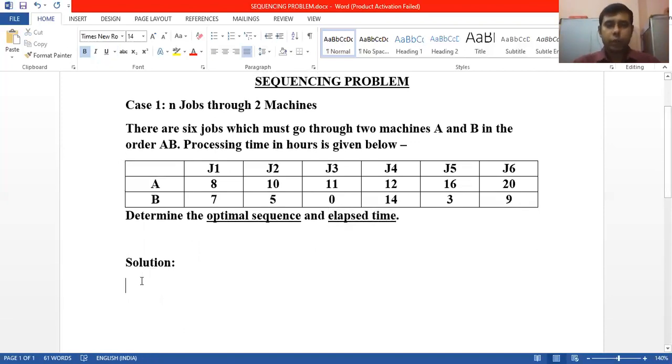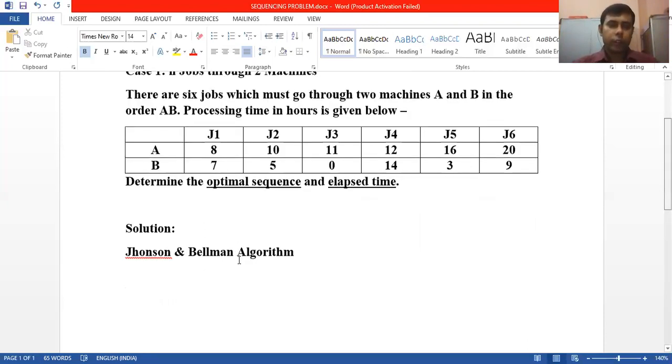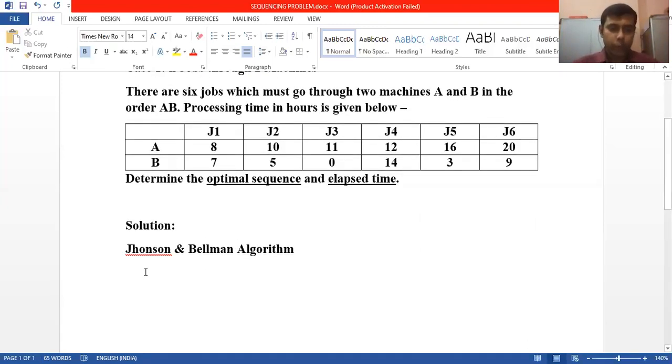which helps us to solve sequencing problem, known as the Johnson and Bellman algorithm. Sometimes it is also known as Johnson algorithm. Now, Johnson algorithm moves in 2 steps.